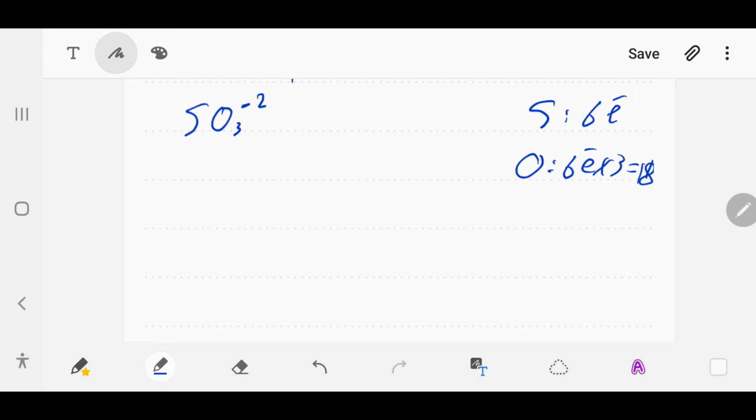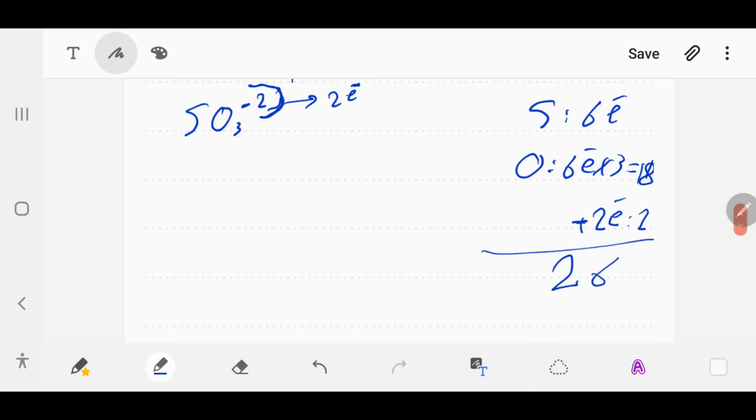And we also have minus 2, which means that we have another 2 electrons, because this minus 2 means that 2 electrons were added to this compound, so we have to count them here. So the total number of electrons we have is 26 electrons.